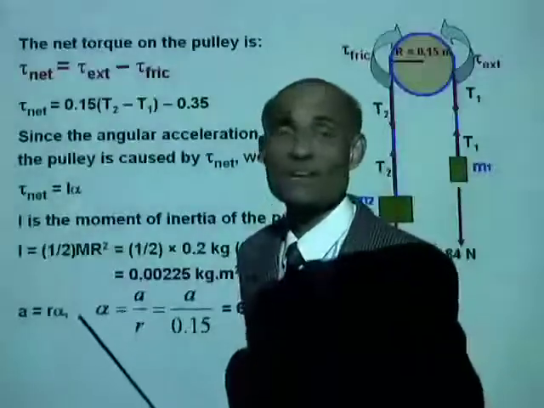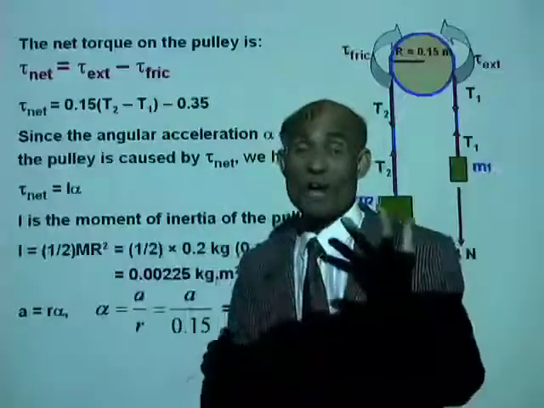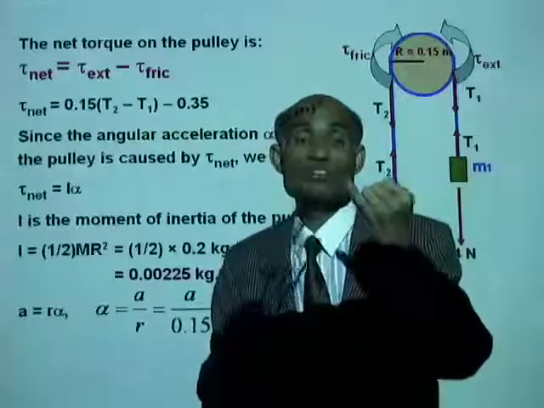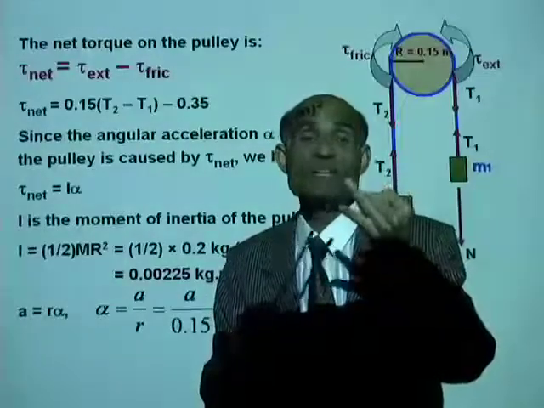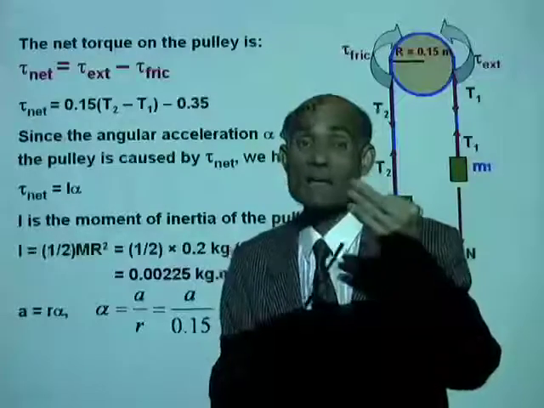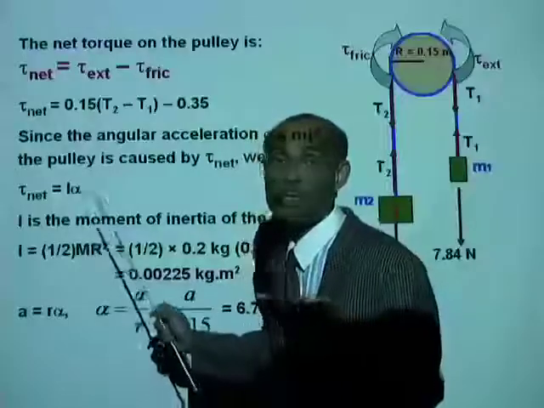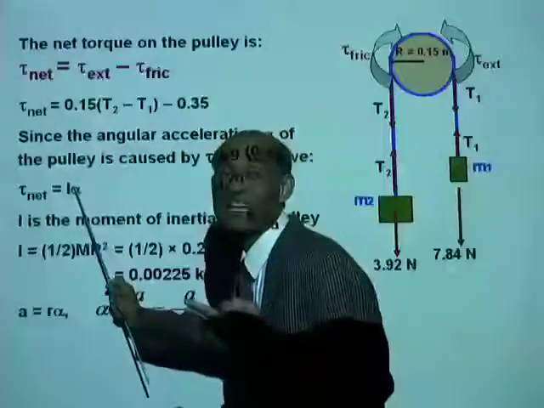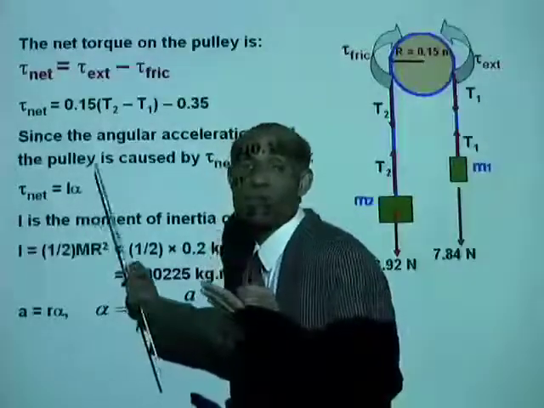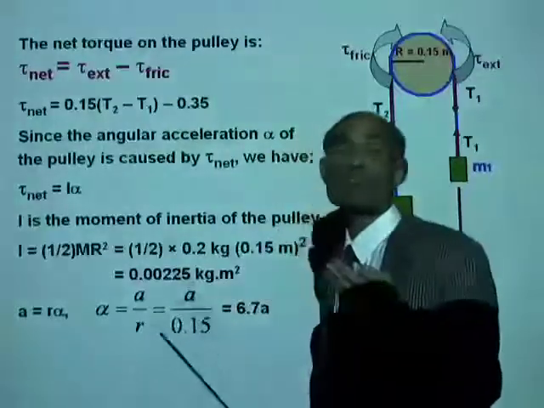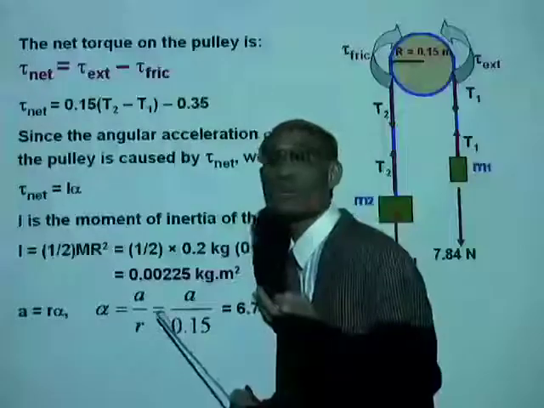Why is it necessary? Because the two equations we have developed so far contain T1, T2 and a. Now, we cannot have a third equation that contains yet another variable alpha. We need to express that alpha in terms of a, and that's what I'm doing here.